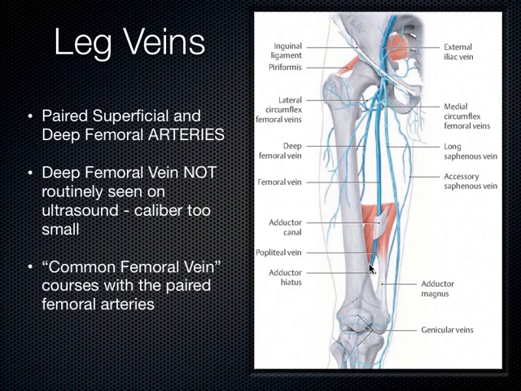And then it pops out of that canal and goes behind the knee and turns into the popliteal vein. So it courses down here, starts off as the common femoral vein, and then there's a little deep branch, the profunda, or the deep femoral vein, that goes down. It's a very small caliber vein. It's not of that much clinical significance usually.